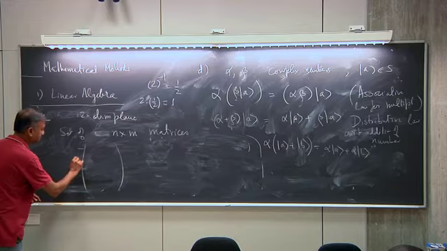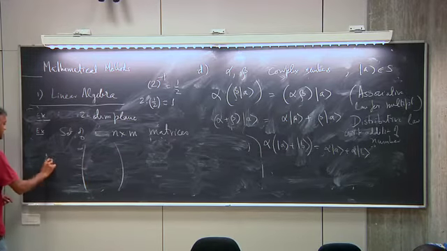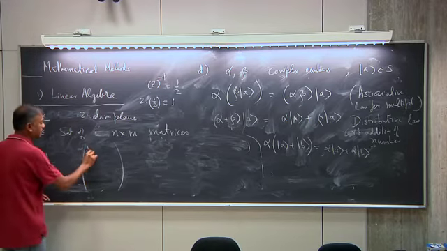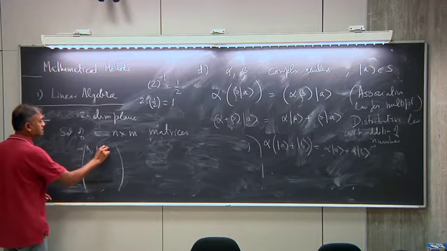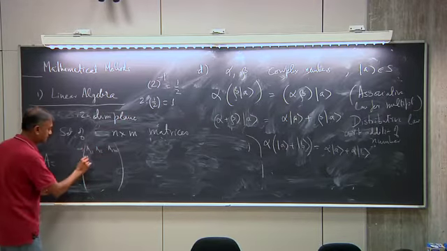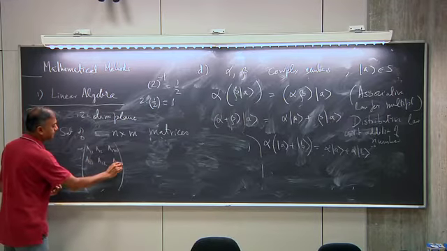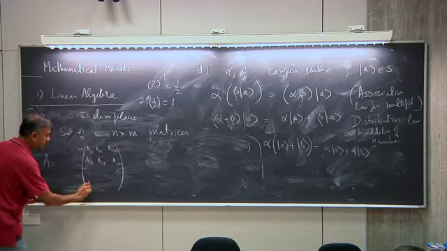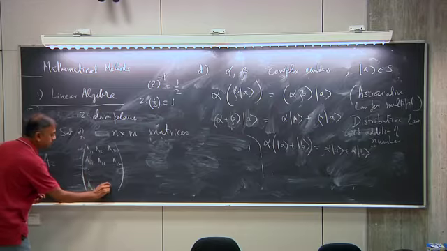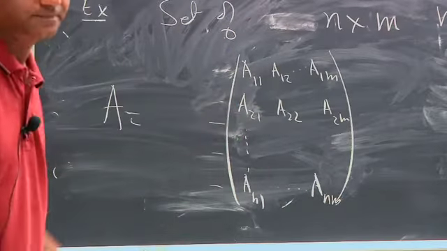So let's say some matrix A, which has elements A11, A12, all the way up to A1m. So there are m columns here, you see, and A21, A22, A2m, and finally all the way up to An1, Anm. So n rows and m columns.